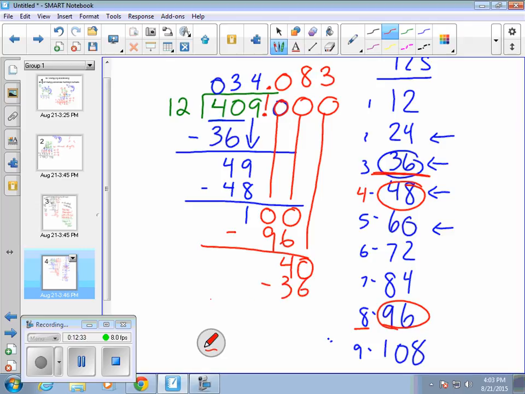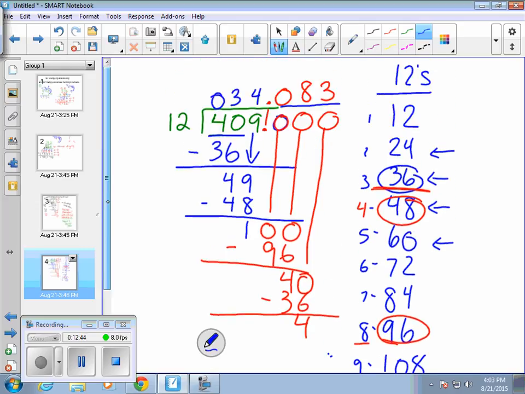And again, I'm going to get a 4. Here's where we have hit 3 place values after the decimal, and we can stop. So our final answer, which is a truncated answer, meaning it stops even though the decimal continues on, is 34 and 83 thousandths.